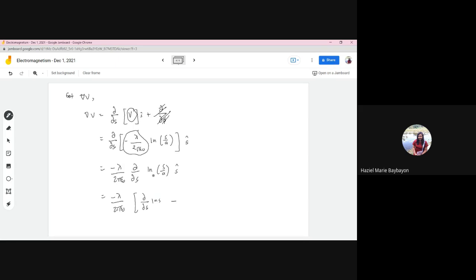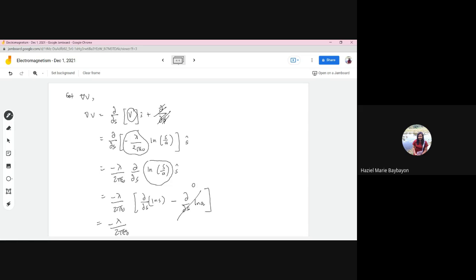So for ln S over A, this can be rewritten as ln S minus ln A. So we have the partial derivative of ln S minus the partial derivative of ln A. A is a constant, meaning to say this term will be 0. So we are left with the partial derivative of ln S.